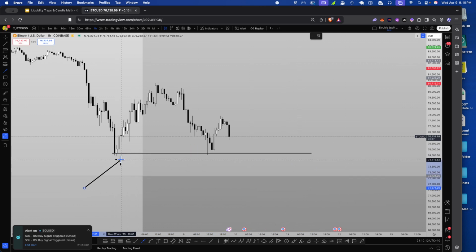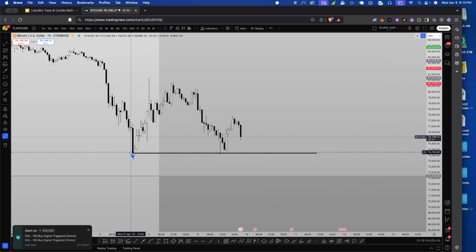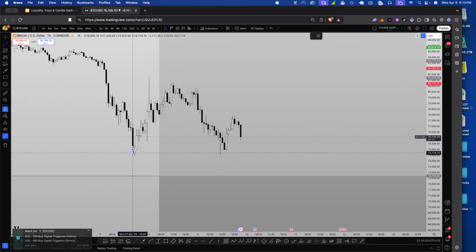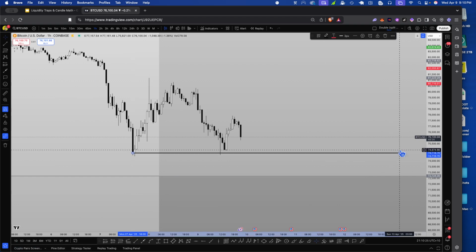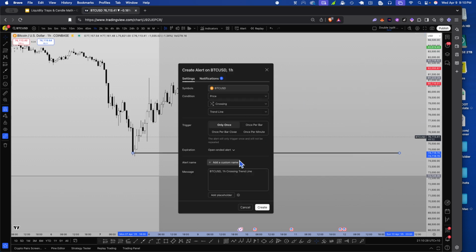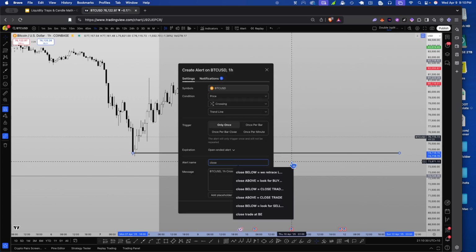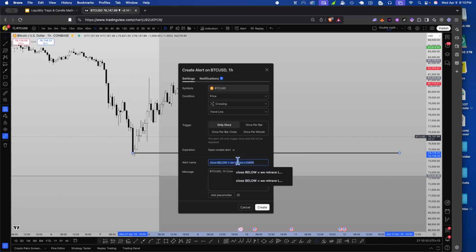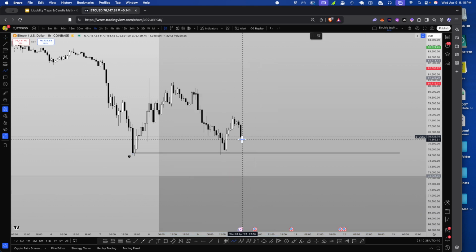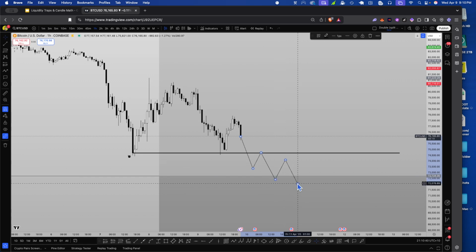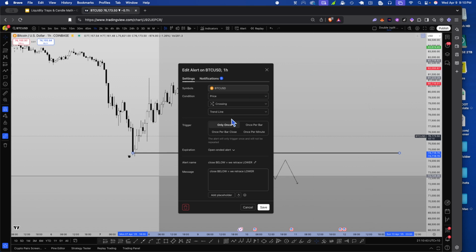So what I like to do in these cases is I'll do it live with you guys. So I do magnet, I do my trend line, and I go shift, and I do a nice straight line, and I go close below. I've got my alert set, close below equals we retrace lower, because obviously what that means is that if we do this, and actually I need to modify that alert, make sure that you do once per bar close, meaning that the alert is only valid once the bar closes below.